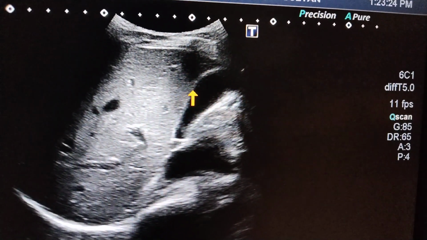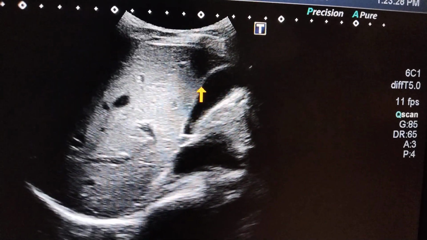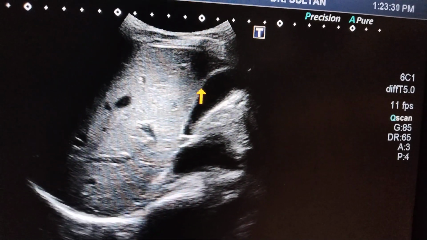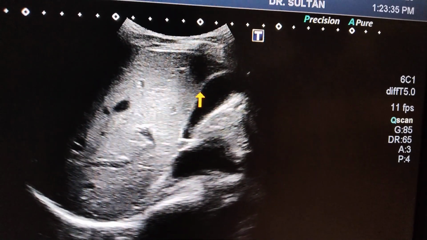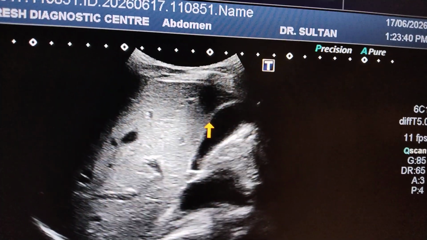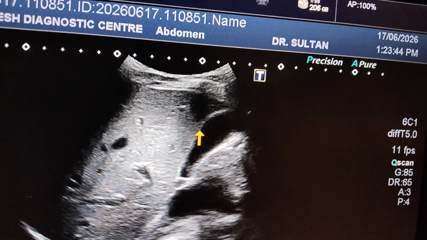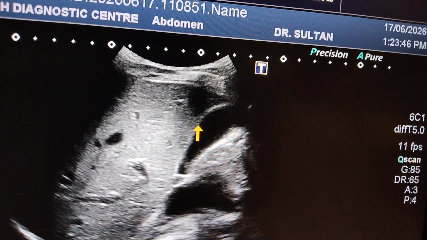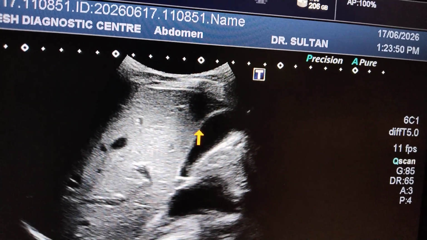Then if we feel difficulty again, we should also ask the patient to turn to the left lateral decubitus position, meaning the right upper limb of the patient should be on the upper side, and the left upper limb should be toward the floor side.